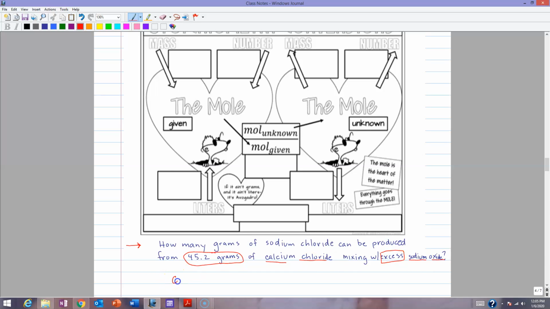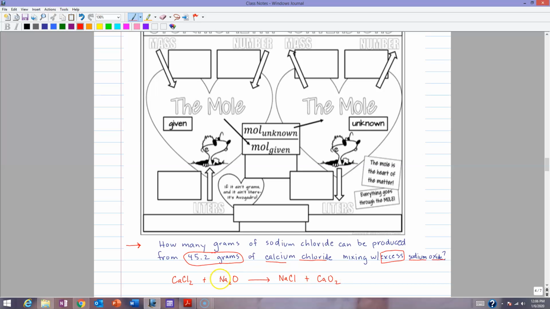So calcium chloride plus sodium oxide, and I have a double replacement reaction. So what am I going to produce? I'm going to produce sodium chloride and calcium oxide.